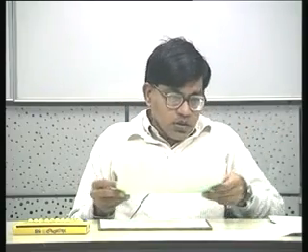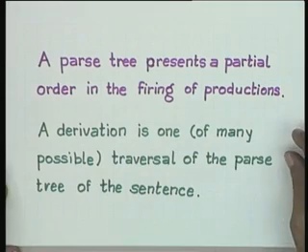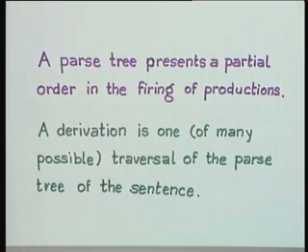And the fact that there are many ways of traversing this parse tree gives you several possible derivations. Yeah. So let's just summarize that briefly. We can look upon a parse tree as presenting a partial order in the firing of productions.